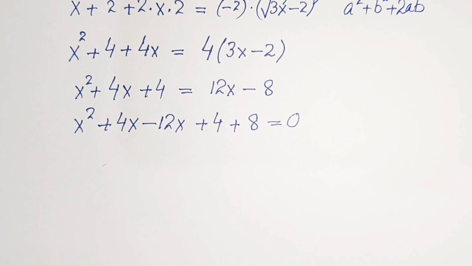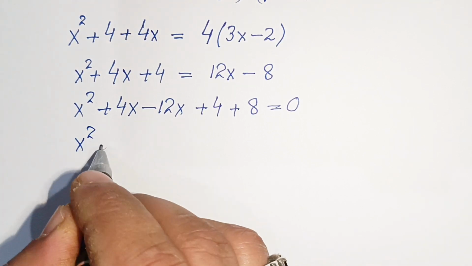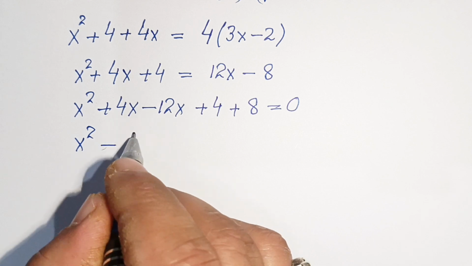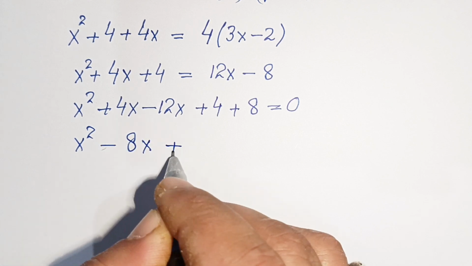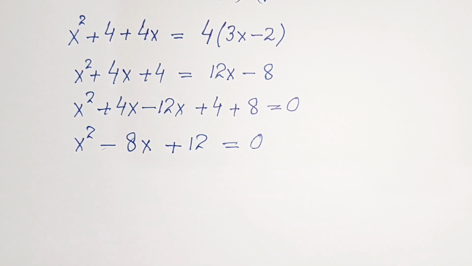Now here we have x squared and minus 12 minus 4 we get minus 8x plus 8 plus 4 is 12 is equal to 0. Now we have x squared minus 8x plus 12. So it is a nice quadratic equation.